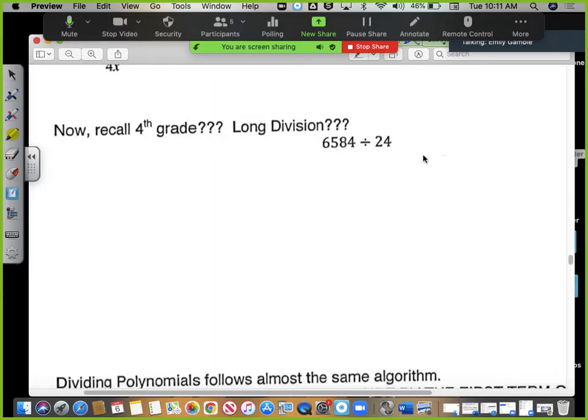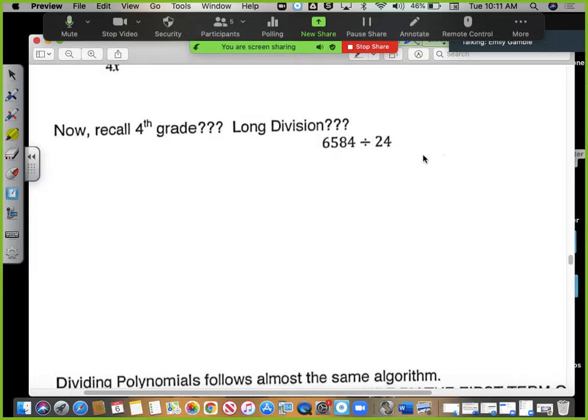Now, even though I'm showing you the process, I'm still going to be using a calculator to help me figure out how many times this goes into this, because sometimes you still need that calculator to help you, but you need to understand the process to be able to do this next section.